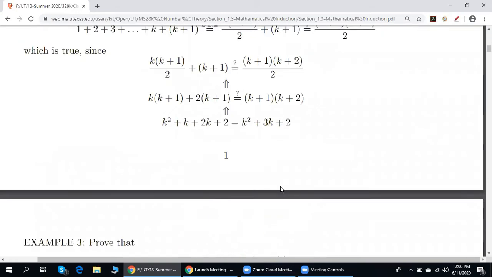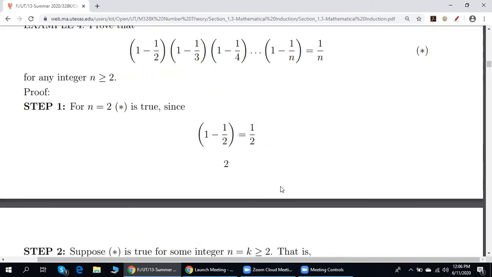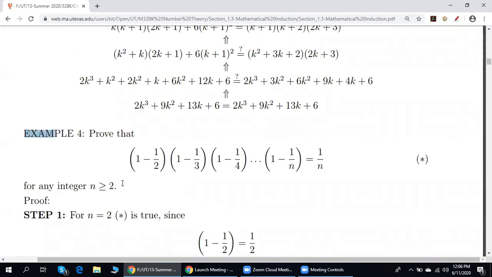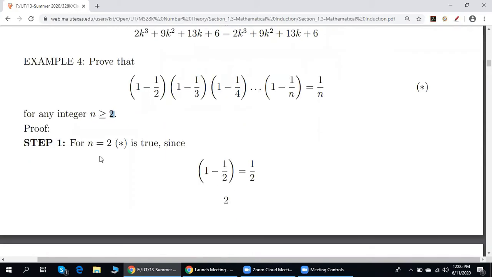To the contrast, please compare with, for example, this. Since here we want to prove that this is true for n greater or equal to 2, in step 1, we show that this is true for n equal to 2, not 1.